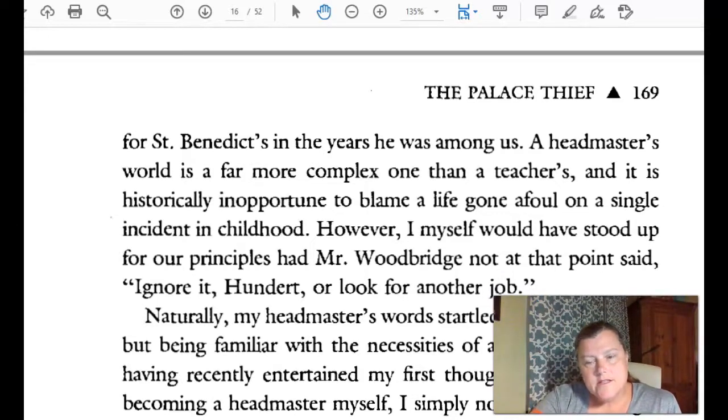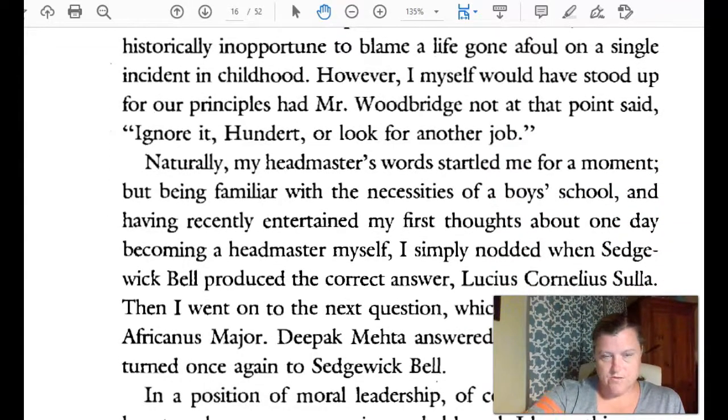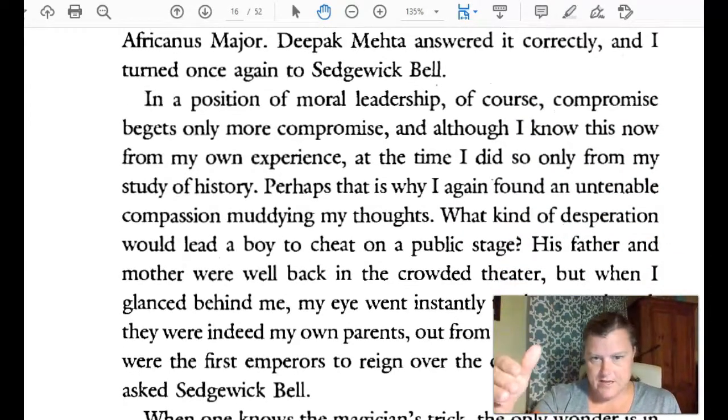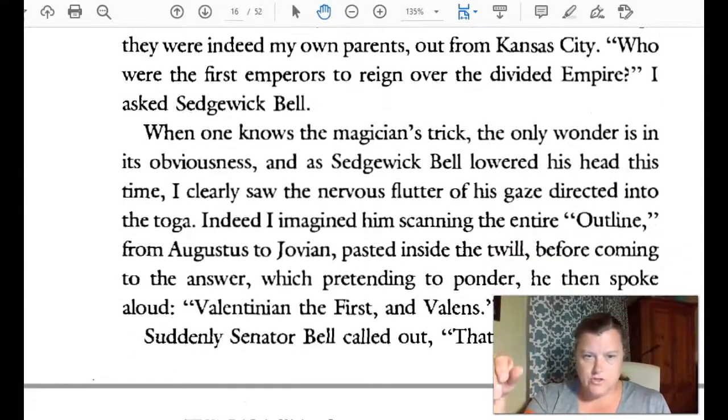And Mr. Hundert actually does follow Mr. Woodbridge's direction because Mr. Woodbridge tells him that he is going to lose his job. So that is a difficult decision, a difficult place to be in. However, he does make sure to manipulate the questioning so that only Deepak could answer it.